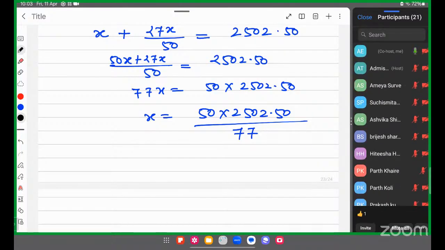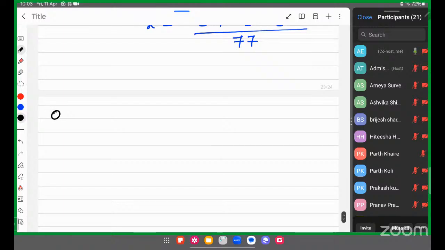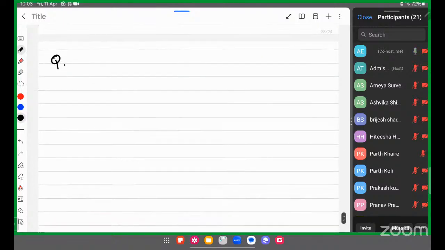Let's do some questions related to compound interest. Okay, question is: after 3 years, how much compound interest?